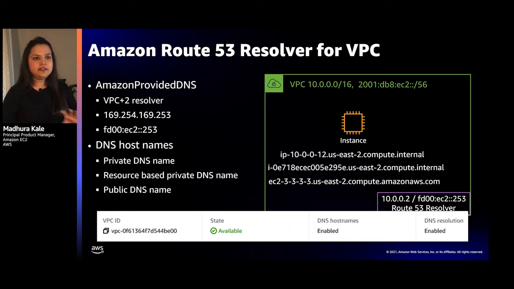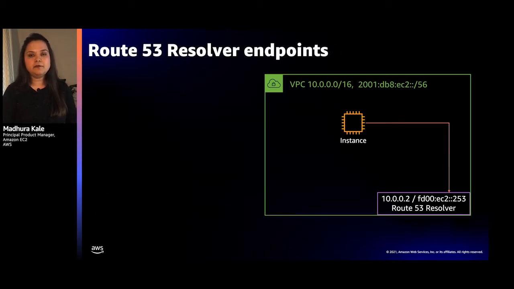This is the very basics of the Route 53 resolver, but you can build much more sophisticated DNS for your application. One thing you can do with Route 53 is use your DNS resolver on premises in parallel with the Route 53 resolver. So how do you do that? Here's your VPC.